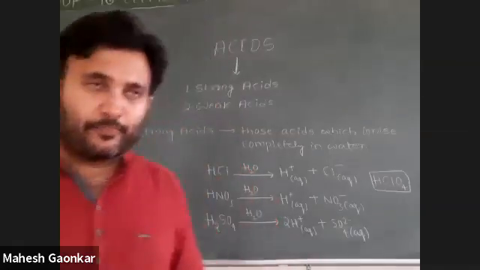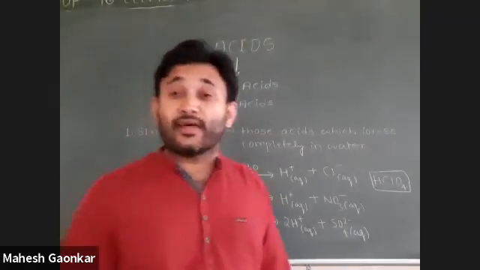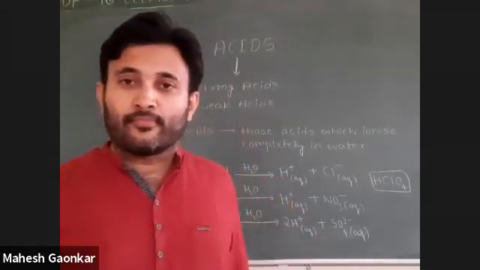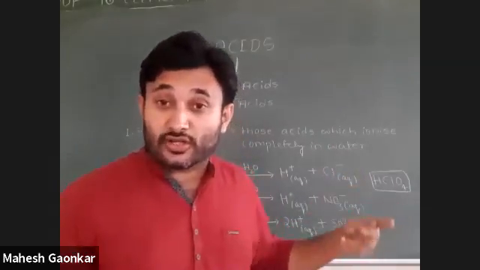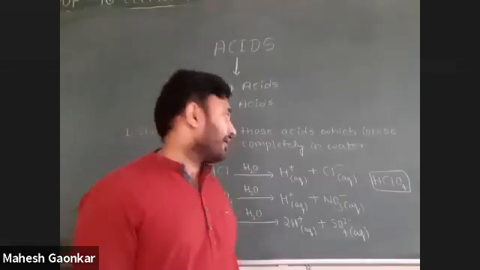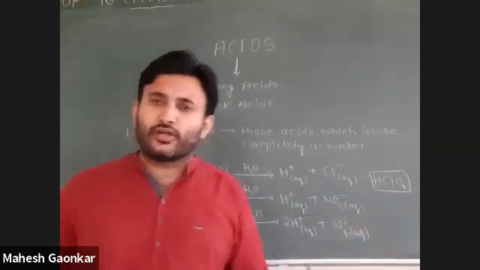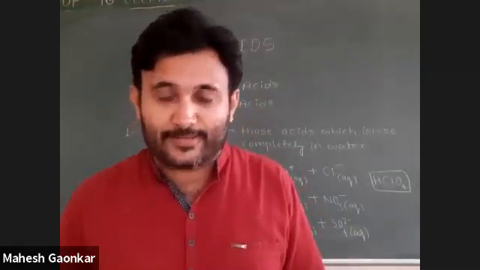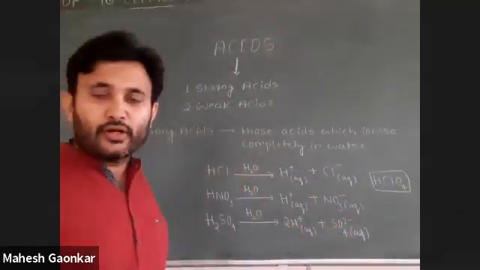What is that? Perchloric acid is the strongest acid known so far. Among the acids known so far, perchloric acid is the strongest acid. Okay. HClO4 dissociates into what? H plus and ClO4 minus. Okay. Can you please write down this?